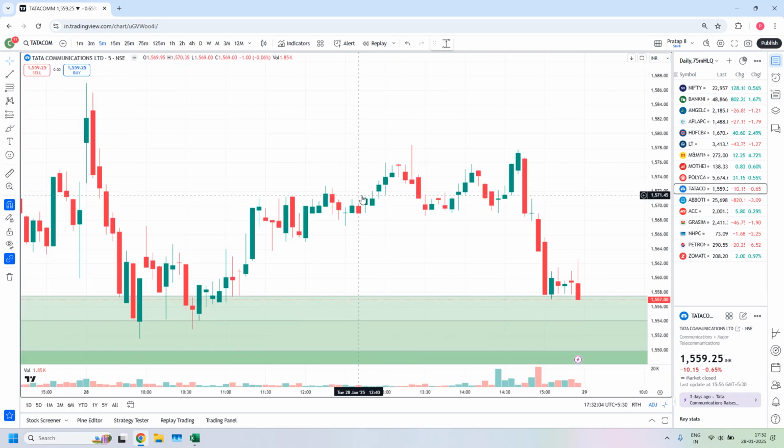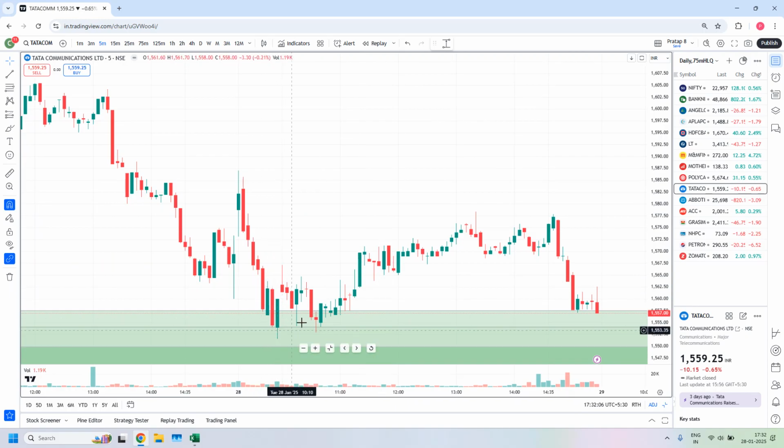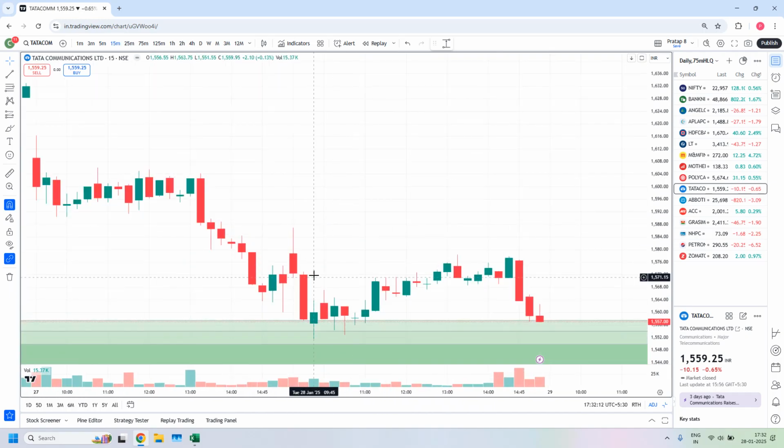See, prices entered and after that it gave a big move. It reached actually the 15 minutes target. Somewhere here we have a 15 minutes target available. See here, it reached the 15 minutes target here. But we don't have enough 5 minutes data available to fine tune the zone. So that's why we didn't plan any trade.